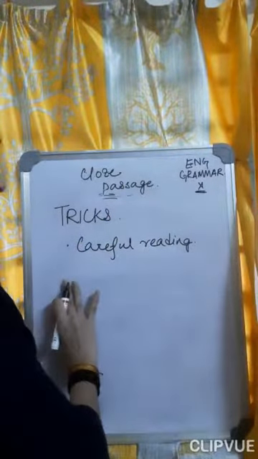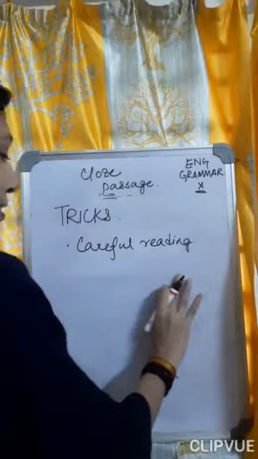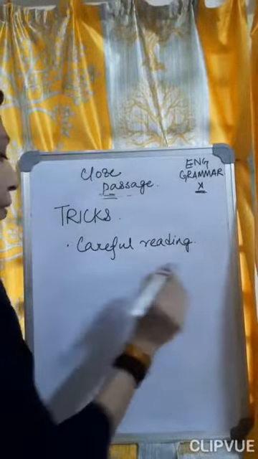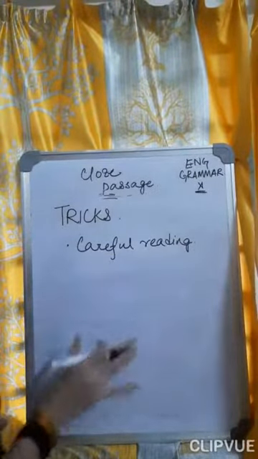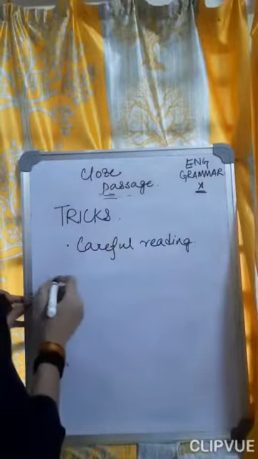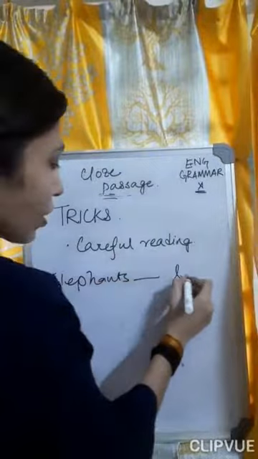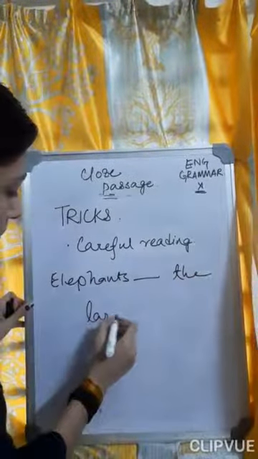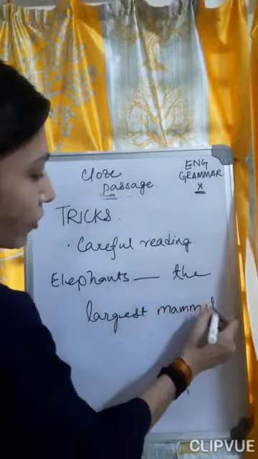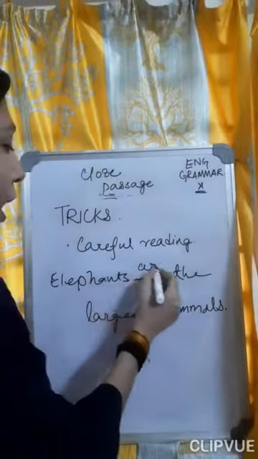Why? Because when we read a line, we know in our head that this line reads like this: "Elephants, dash, the largest mammals." So we know that elephants are still alive, so that means elephants are. So even if you're unaware of the answer, you know that elephants are still alive, so I'm going to apply "are" over there.